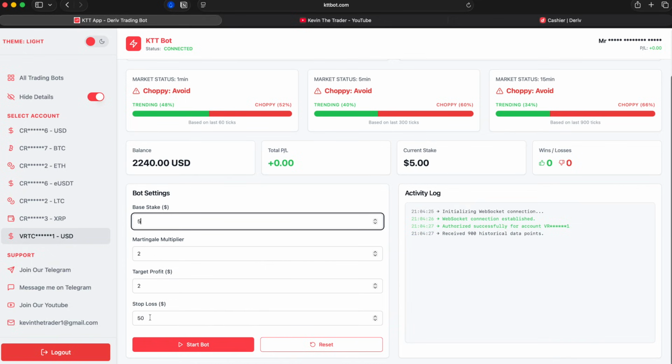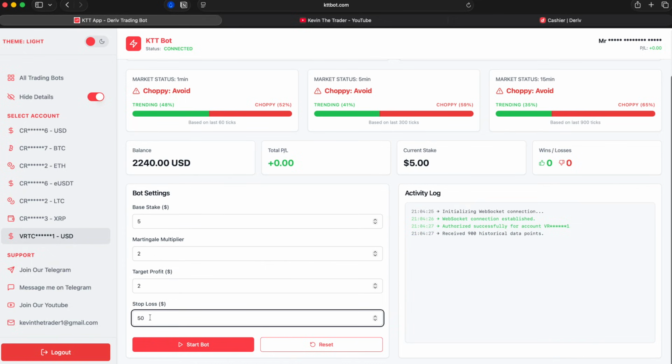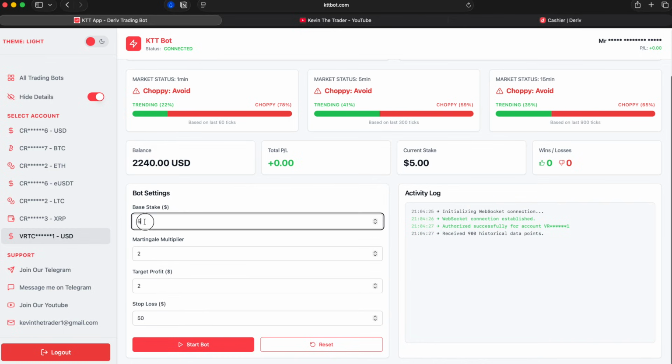of your total account, which in this case, I'm willing to lose $50. So that's my total stake. If you have $10, calculate 10% of your $10, and you'll be using 0.5 as your stake, right?